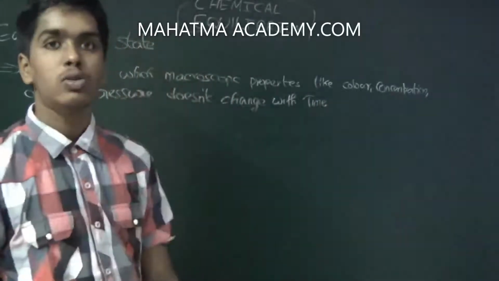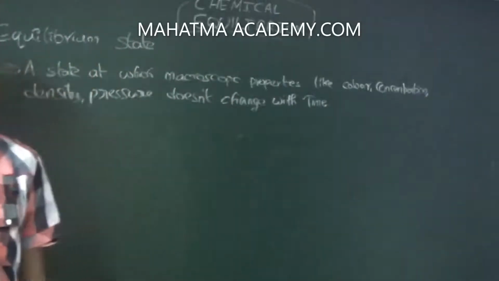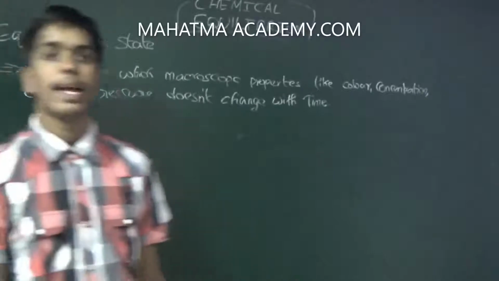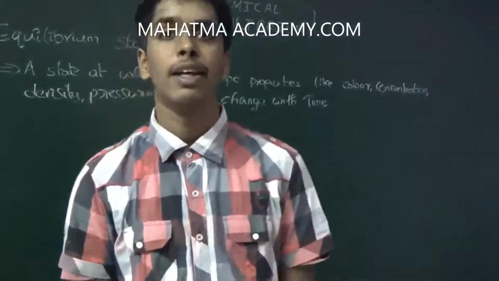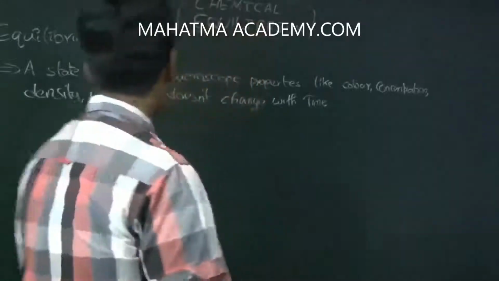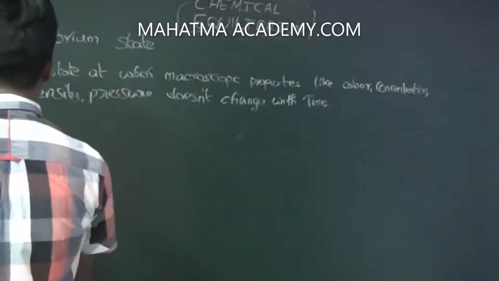Now, there are two types of equilibrium: chemical equilibrium and physical equilibrium.